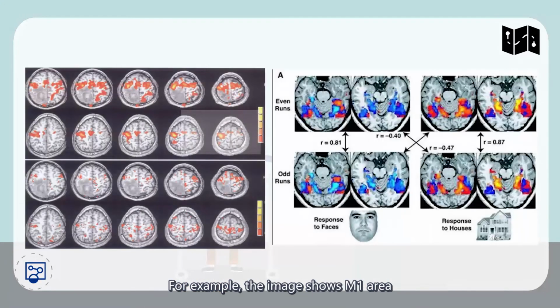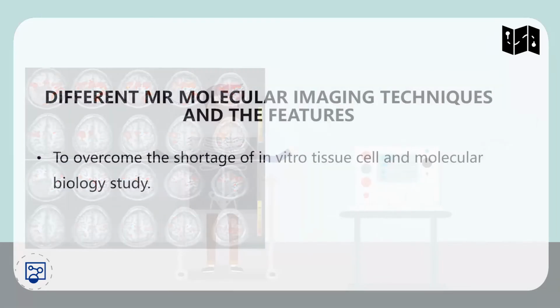For example, the image shows the activation area in connecting brain regions has a tendency to reduce, compared with the normal side, suggesting function damage of this side. Another image reflects the difference in brain function changes in response to faces and to horses.